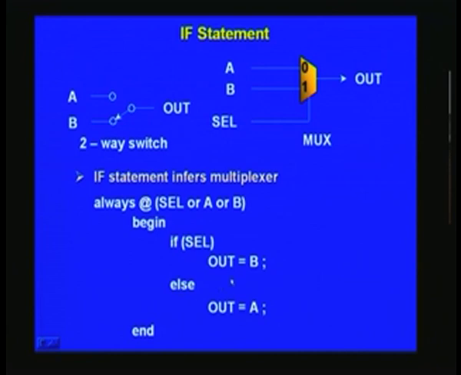And notice that we have fully covered all the possibilities here. The only variable is select, so you have only 2 states. So we have covered it completely, and that's how it is basically a mux. That's what we said, that if statement normally infers a multiplexer as such.